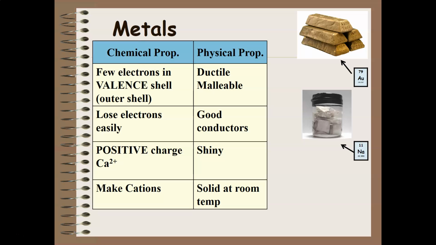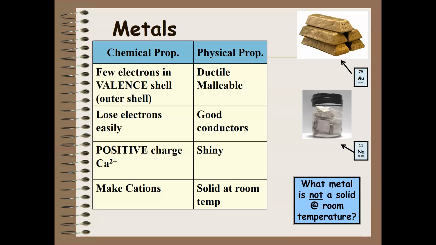If it's a copper oxide, it kind of turns a greenish color. But if you were to sand that off or cut it apart, you would see that it is shiny inside. And almost all of them are solid at room temp. If you remember from the previous slide, there was one metal that's not a solid, and it's mercury.